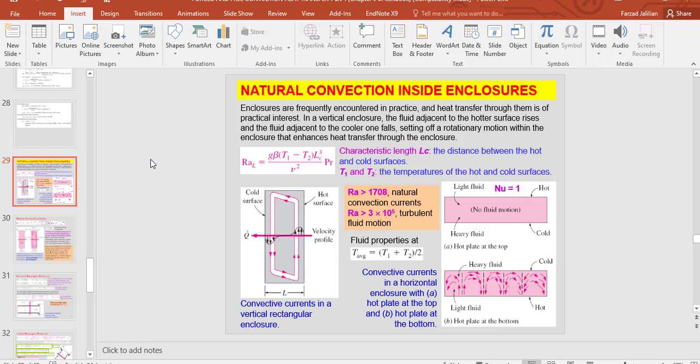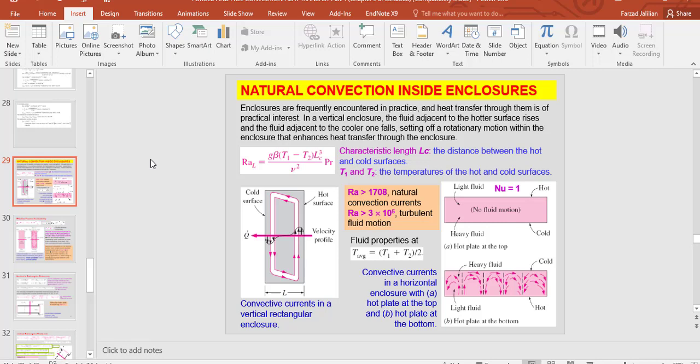We introduced different types of convection, which we classified in terms of the fluid flow, whether it flows around something or in something, and we categorized it as internal flow, external flow, and also forced and natural convection.